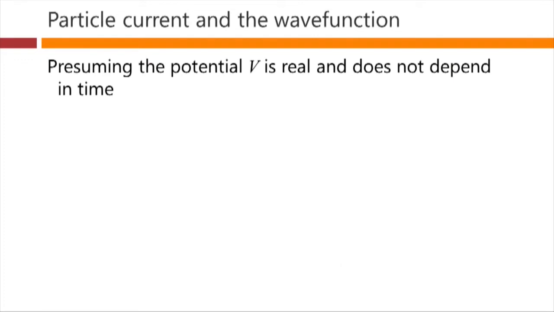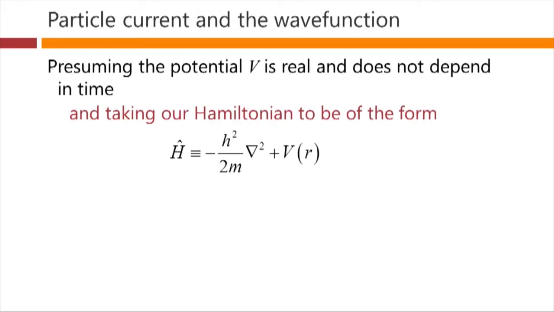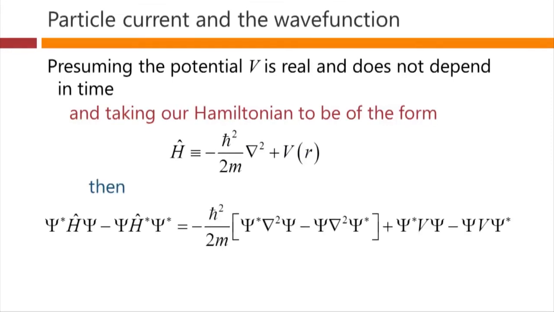Presuming that the potential V is real and does not depend on time, and taking our Hamiltonian to be in the usual form we've been thinking of for a Schrödinger-like Hamiltonian, then this expression here we can rewrite. So H operating on psi is minus h bar squared over 2m times del squared psi plus V times psi.